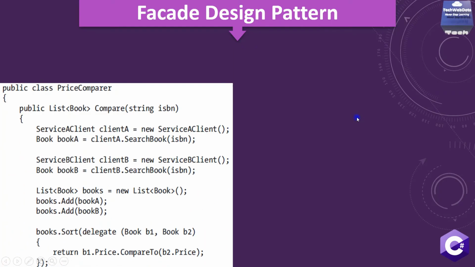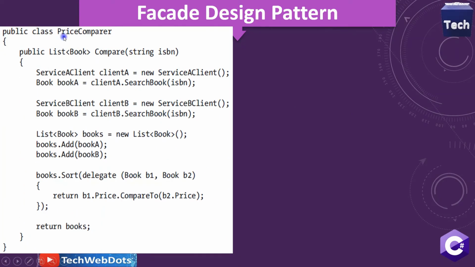Now it's time to create a Facade. We will create a new class, which will be price compare. In that we create two instances of these two service clients. We are not calling the service directly; we create instances of the clients, and those two clients call the search book method by passing the ISBN.